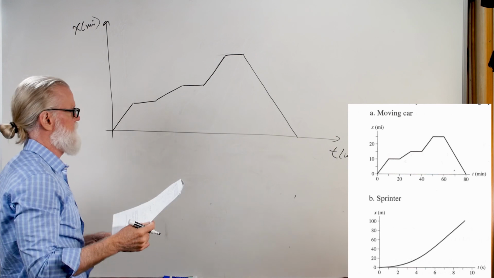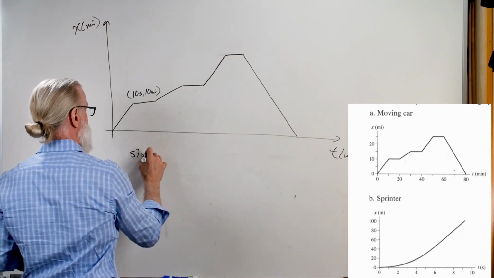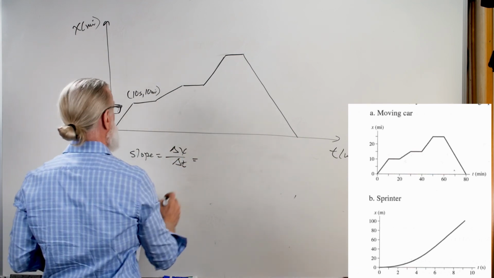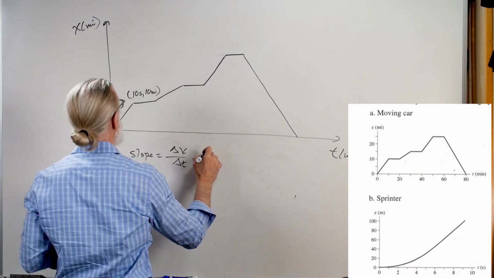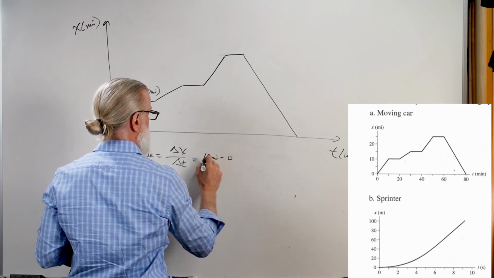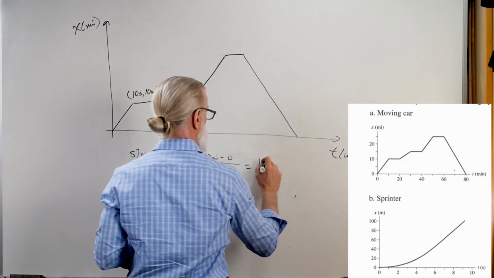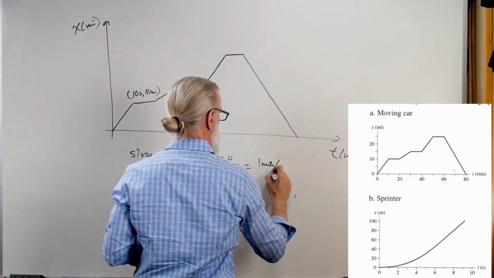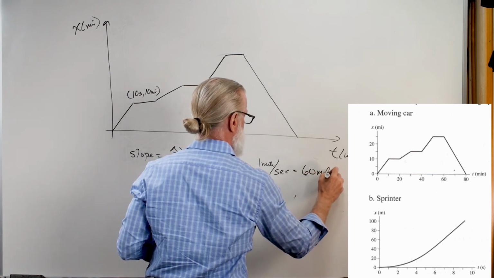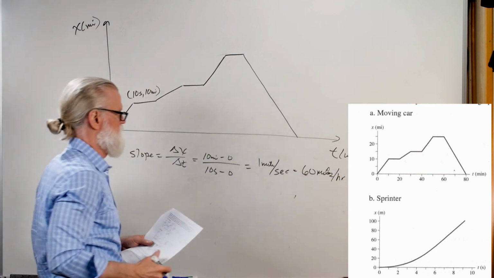First thing I would do in a problem like this is figure out what our speeds are. You could calculate slope equals delta x over delta t. For delta x, we have 10 miles minus 0 divided by 10 minutes minus 0, which is 1 mile per minute, which of course is 60 miles per hour.